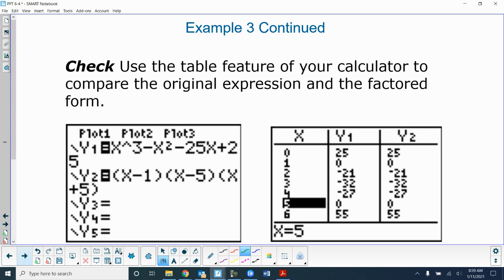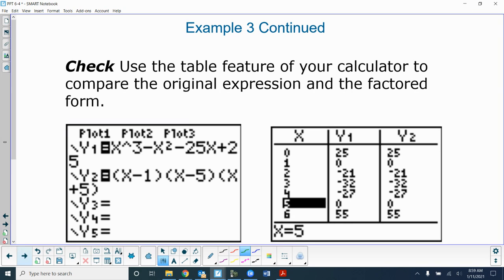So what they did is at the y equals button, they put in the original problem, and then they put in what they factored, and then instead of graphing it, they just hit the table menu, second graph, and what do you notice about both columns here? They're the same. That means that these two are what? The same. That means you factored it correctly. You don't have to do that for me, but that's something you could do if you want to check to see if you're right.